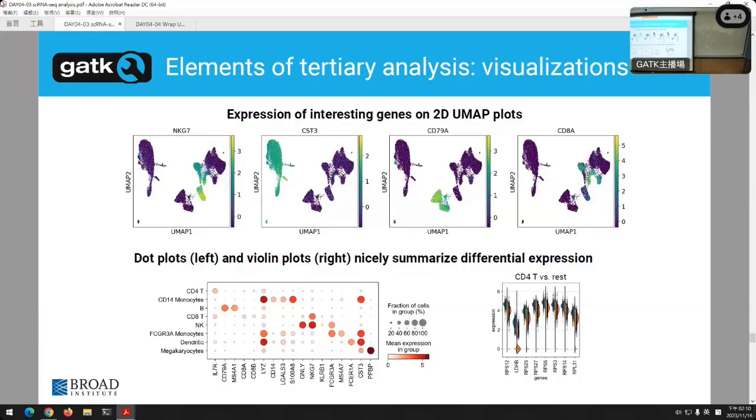This is a big cluster, whereas this is maybe a smaller cluster. So these are all similar ways of viewing the same thing. The radius of the circle corresponds to the size of your cluster. The more cells expressing it, the bigger it is. And then the color tells you the magnitude of the expression.